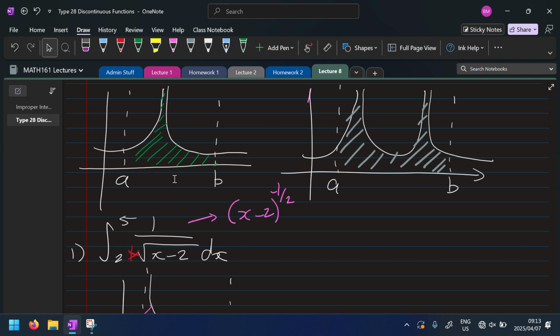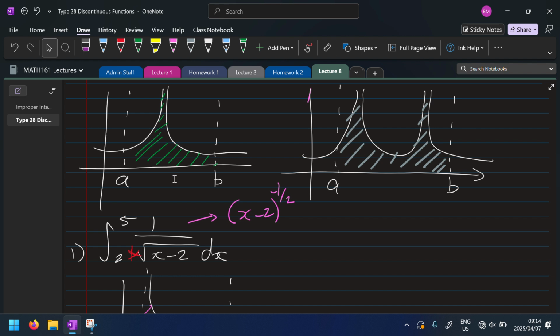We're not interested in the interval below 2. We're interested in the interval above 2. So when we take the limit, we need to be very careful and write it as the limit as x goes to 2 plus, not 2. That is wrong. The limit is 2 plus because we're on the inside of the interval.